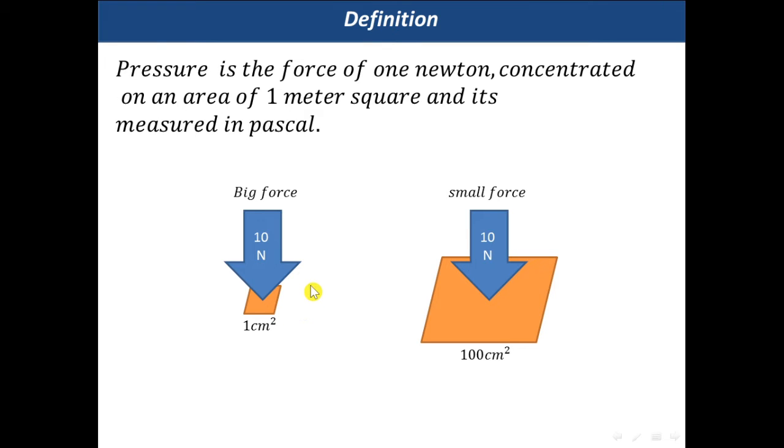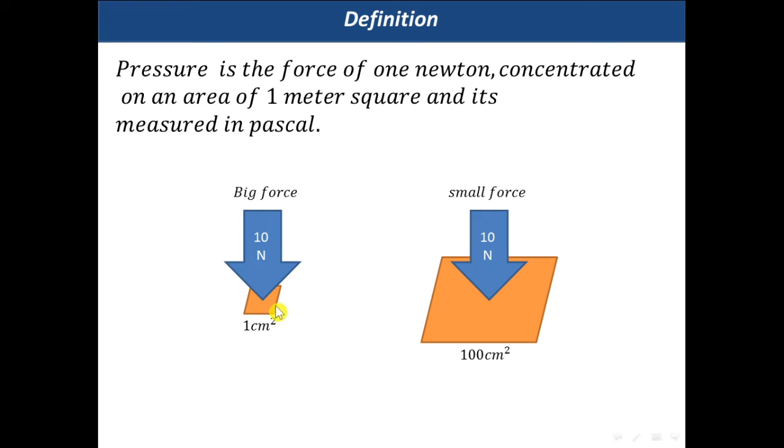The force will be more intensified in this case here, because the area is very small. What does that mean? When the area is very big and the same force is concentrated on this area, the force will be distributed on the surface of this area. That's why we don't feel that intensified force. But if the area is small, the concentration of force will be more.